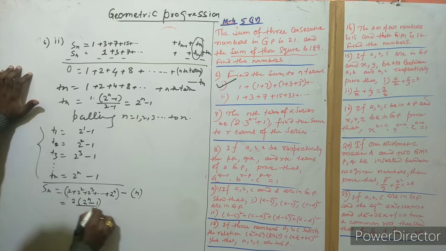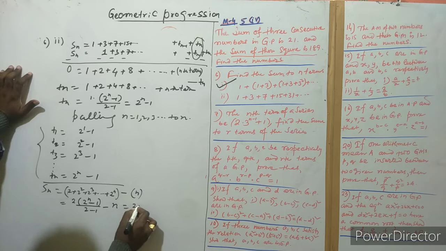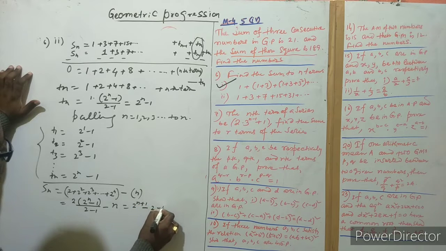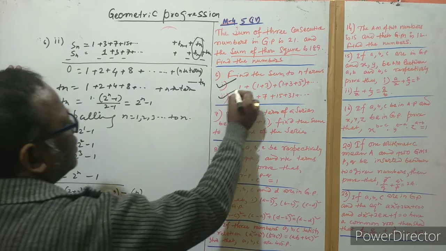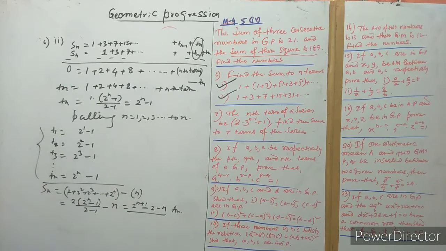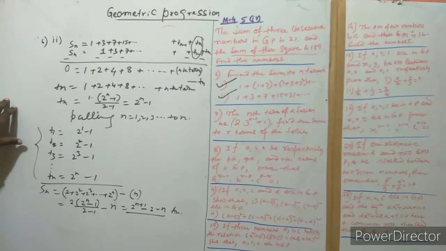So 2 to the power n minus 1 over 2 minus 1. Okay, and now multiplying by 2, we get 2 to the power n plus 1 minus 2 minus n. Okay, and this is the sum for the second question. Okay, so very interesting. And now question 7 is also a very easy question.